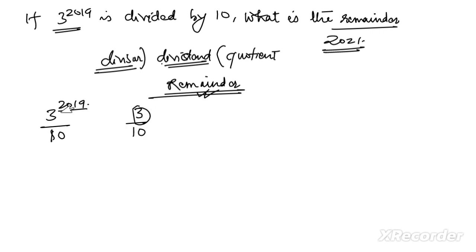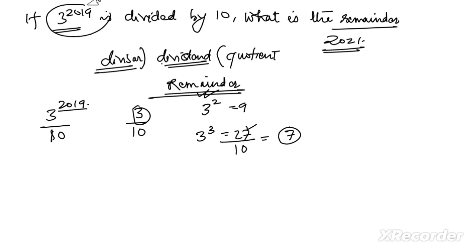When we write 3 square, that is 9, and 3 cube is 27. When 27 is divided by 10, the remainder will be 7. So whatever the unit digit is, that unit digit is your remainder. Are you getting my point? That means you have to find the unit digit of this.